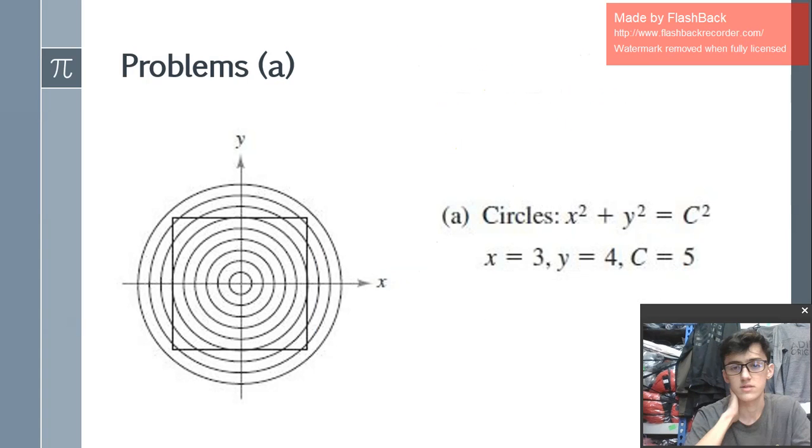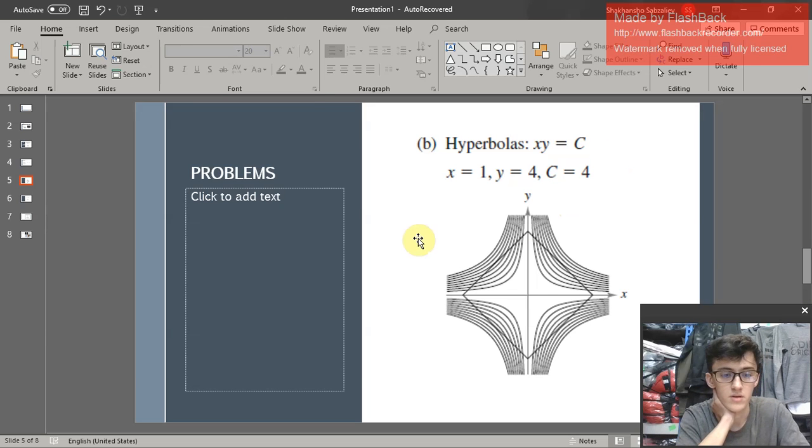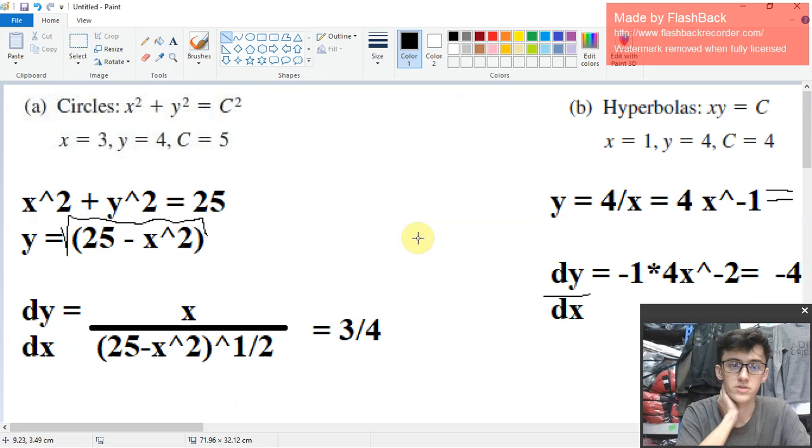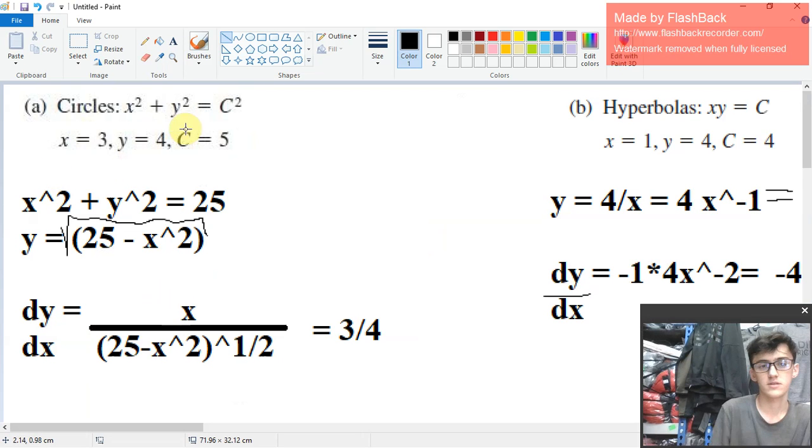So now let's try to solve these simple derivatives. The first thing, I'm going to substitute the value of c into the given equation and solve for y.